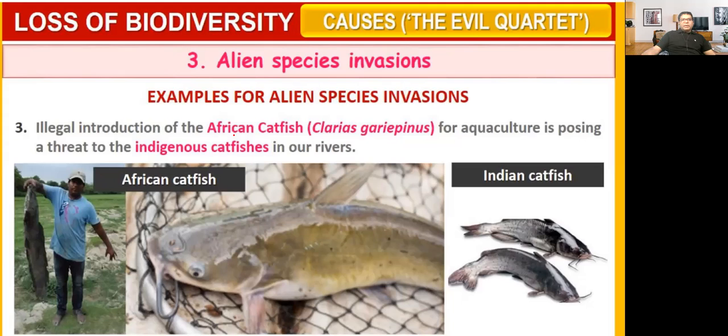Illegal introduction of African catfish, Clarias gariepinus. This is the African catfish. It was introduced in Indian rivers for aquaculture and is posing a threat to indigenous catfishes in our rivers.